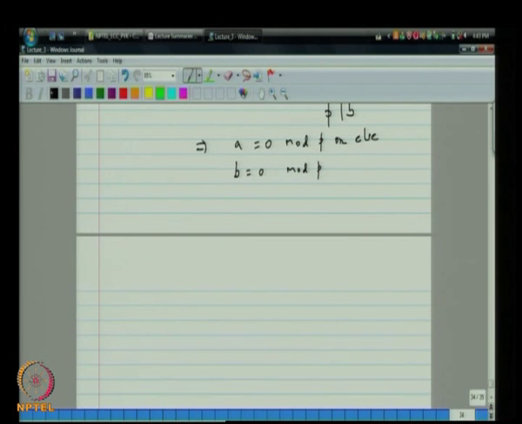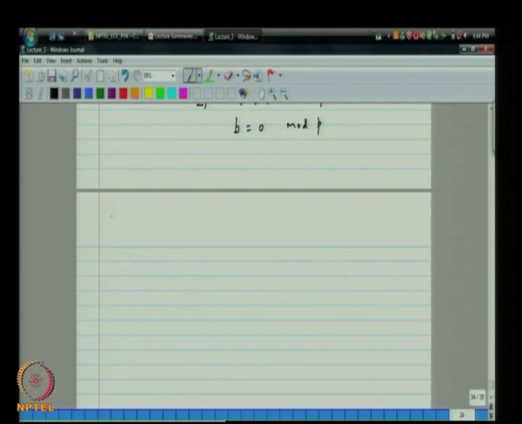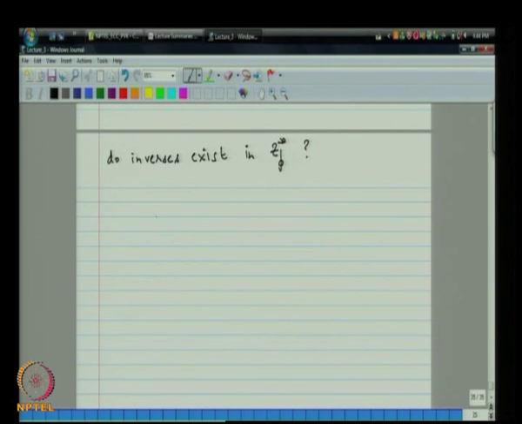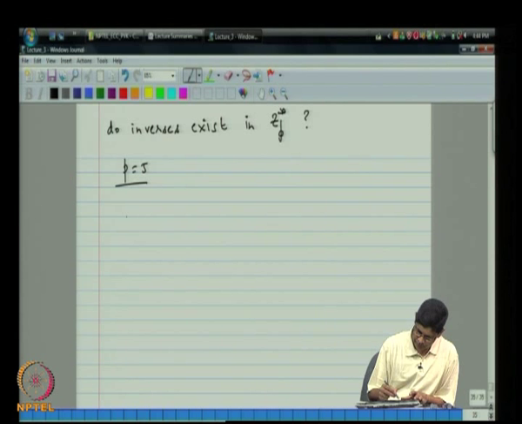So, let us look at the inverses. Again let us look at the case when P is equal to 5, and supposing we want to know what is the inverse of 2.